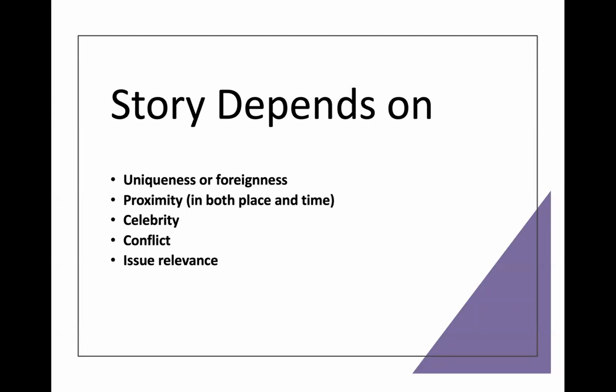So, you have to think about, how is this going to intrigue my audience? Then there's also proximity. So, what is significant about this story or this visual right now in time? Or if you look at something that's older, why is it important, and why was it important that we document it?